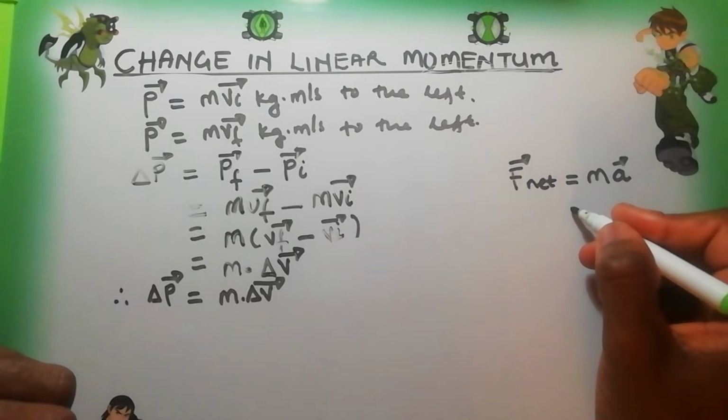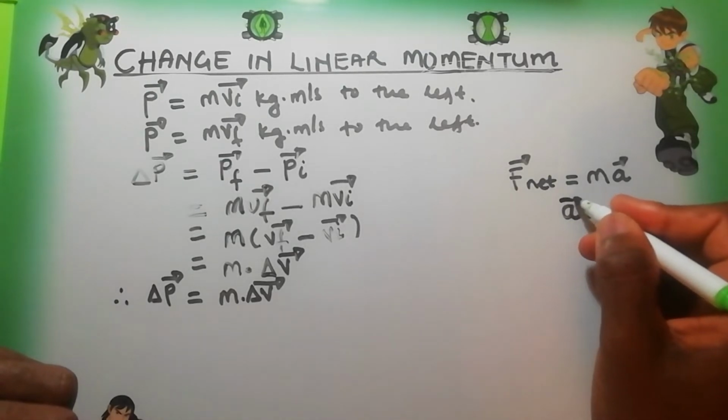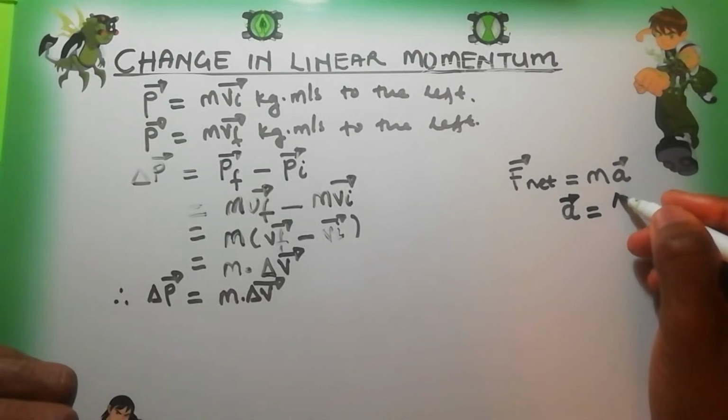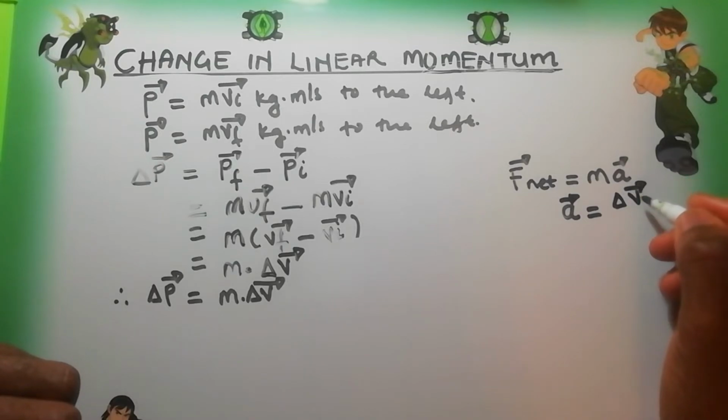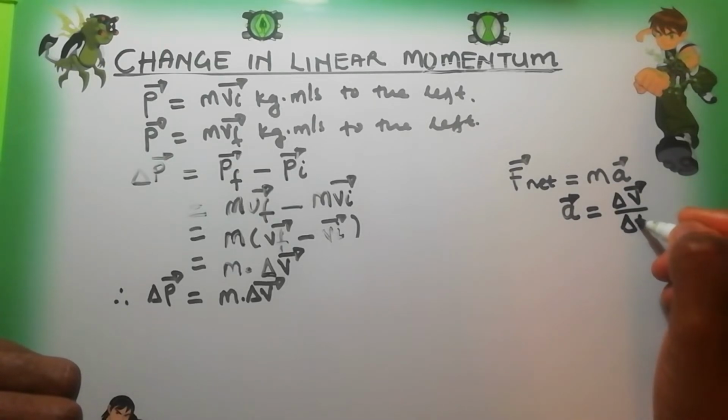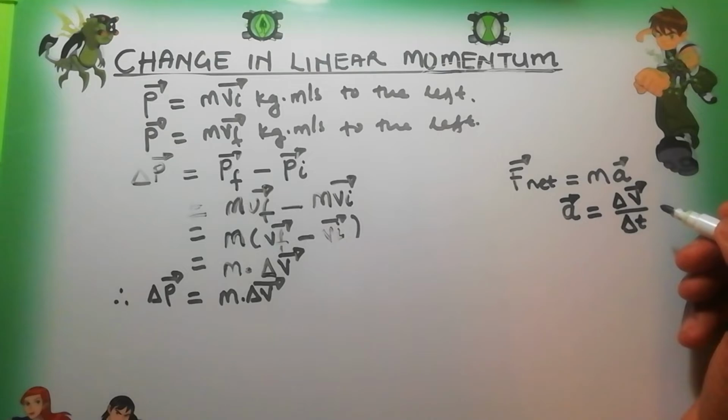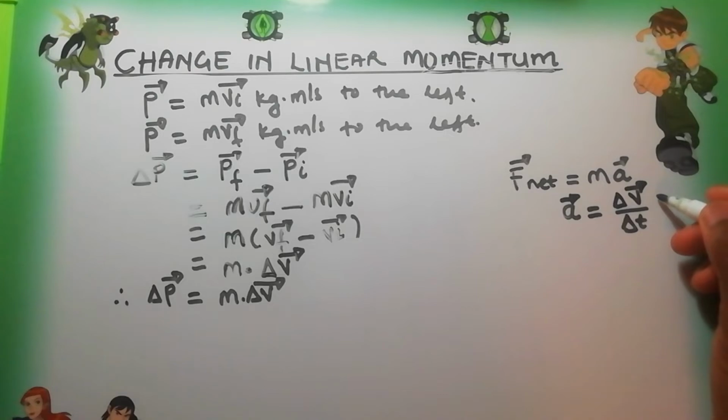We know that acceleration equals change in velocity over change in time. Hence, the definition of acceleration is the rate of change in the velocity of an object, or change in the velocity of an object per unit time, and the SI unit for acceleration is meters per second squared.